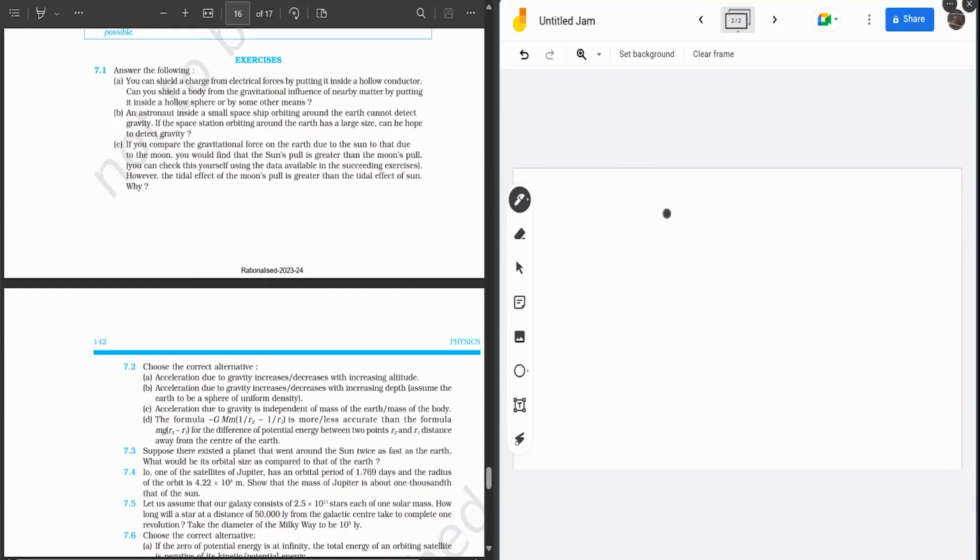మనకేం తెలుసు? Gravitational force is inversely proportional to square of distance, whereas tidal effects are inversely proportional to cube of distance.